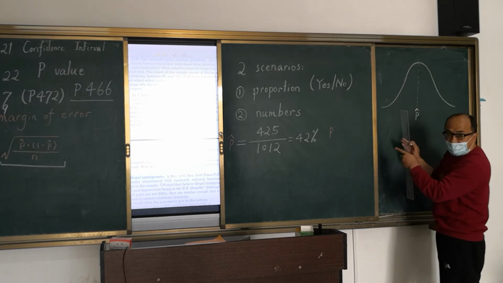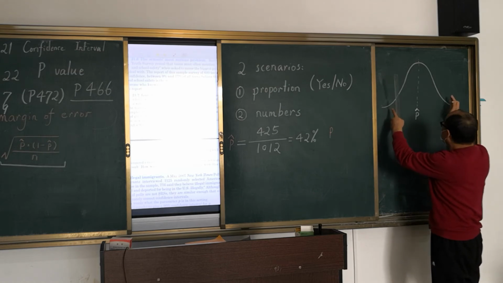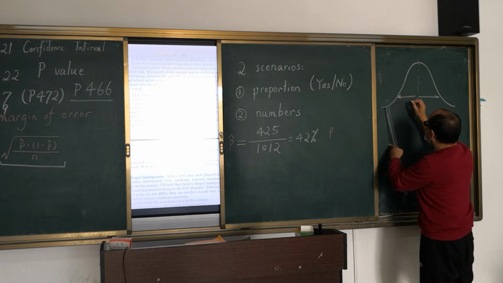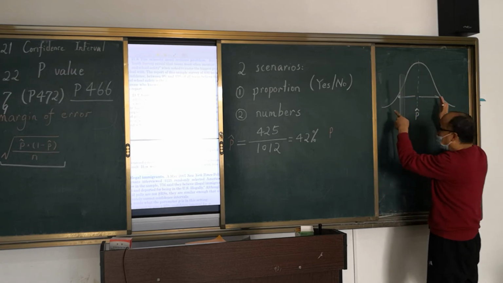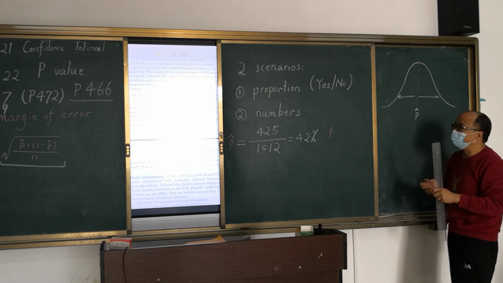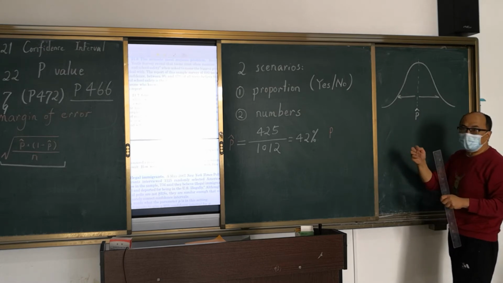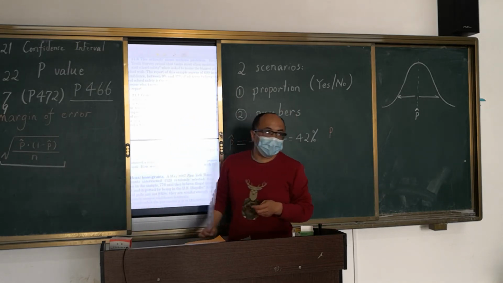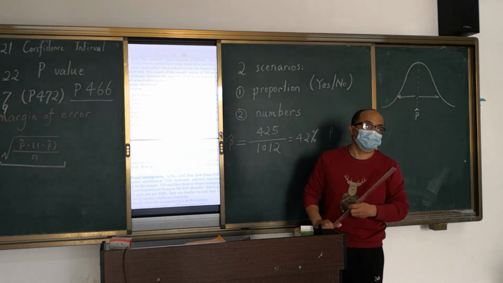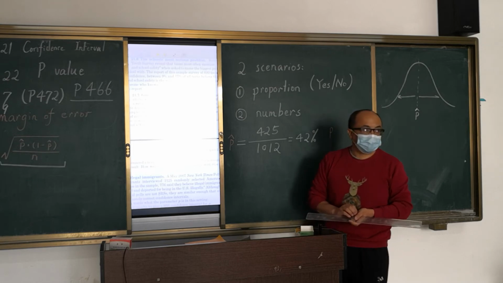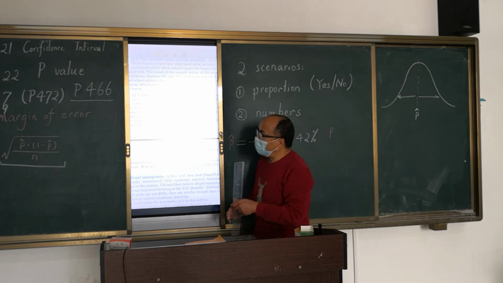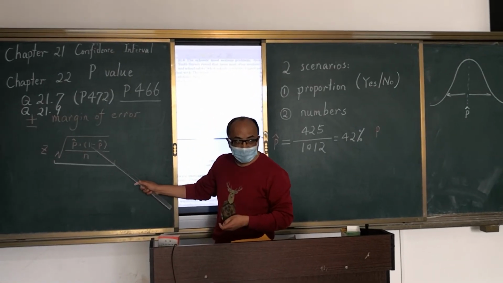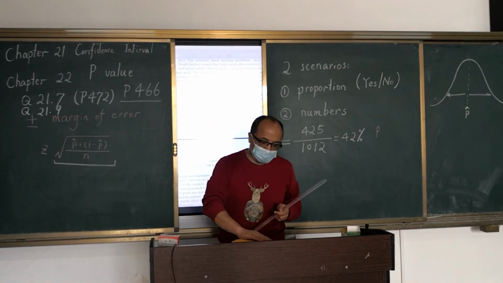We want a 95% confidence interval, this plus, this minus, and we want to chop the big part, 95% confidence. So we need the z. The z is 2. So you use 2, and with everything you have, you calculate it.